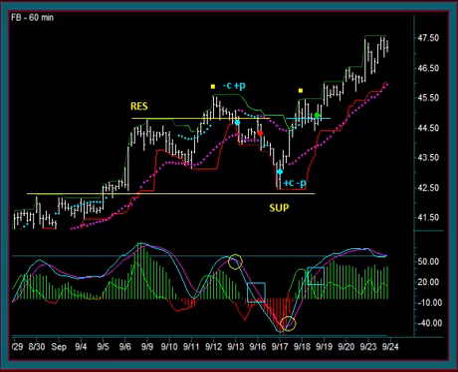The blue dot 1. You can see that 44.80 doesn't become support. And when it fails to hold, coupled with the momentum extreme indicator cross, and go ahead and look at the window below the actual chart and price bars, you can see that yellow circle. So that is what I'm calling a momentum extreme.